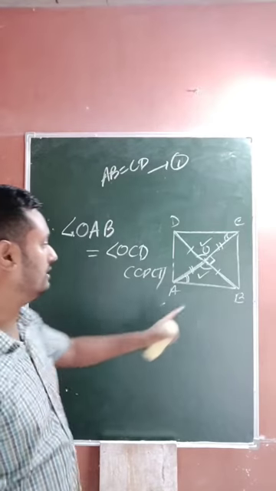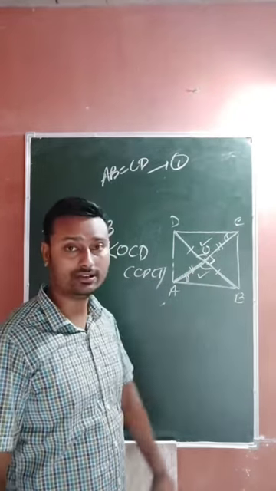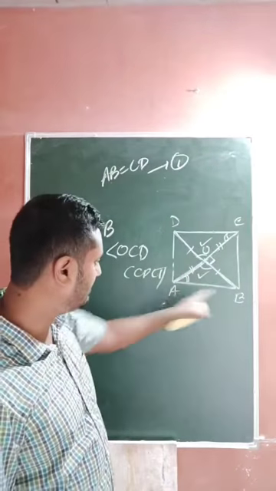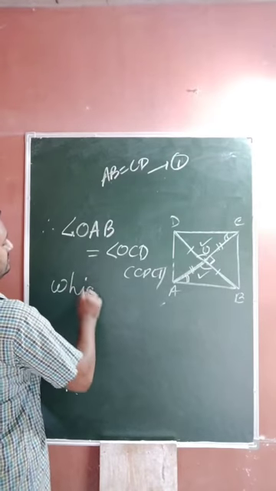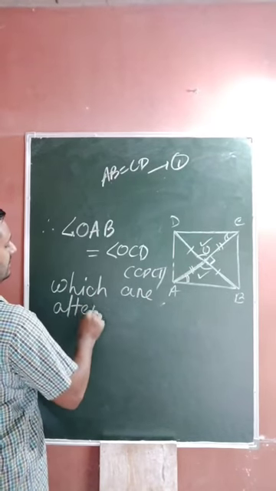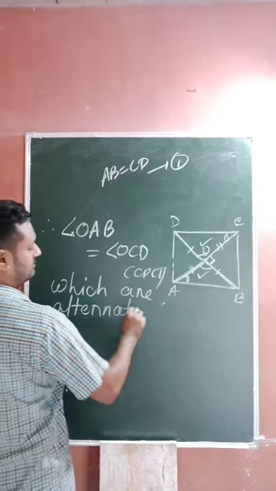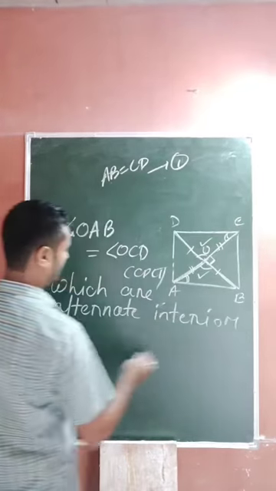Look at this one: OAB and OCD, which are alternate interior angles.